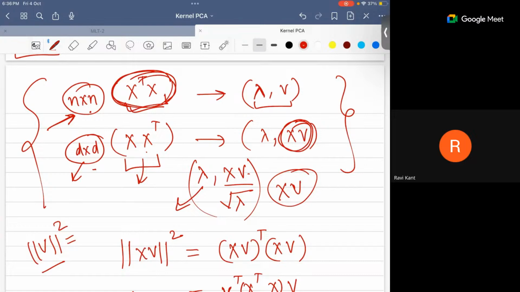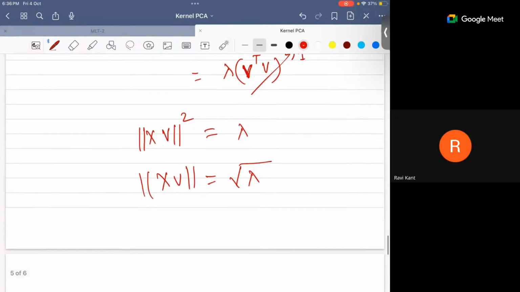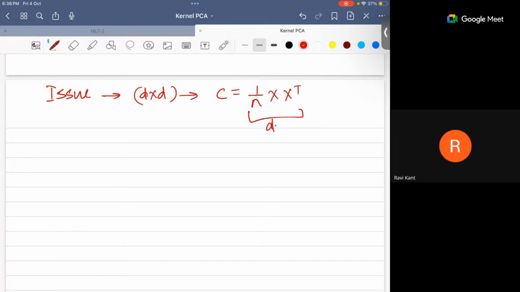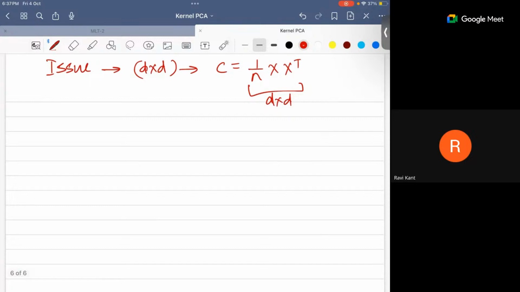Yeah, so I'll just write everything again. The issue was regarding the dimension. D cross D was taking a huge time because the covariance matrix C was 1 upon n X transpose X, which is in the form of D cross D. So we thought we should work with X transpose X as an n cross n matrix, which takes much less time for the eigenvalue decomposition.